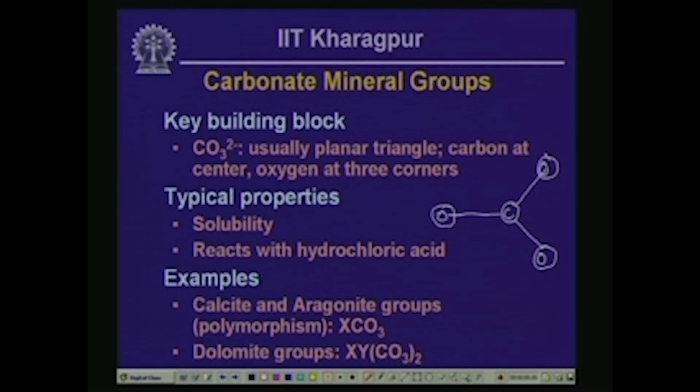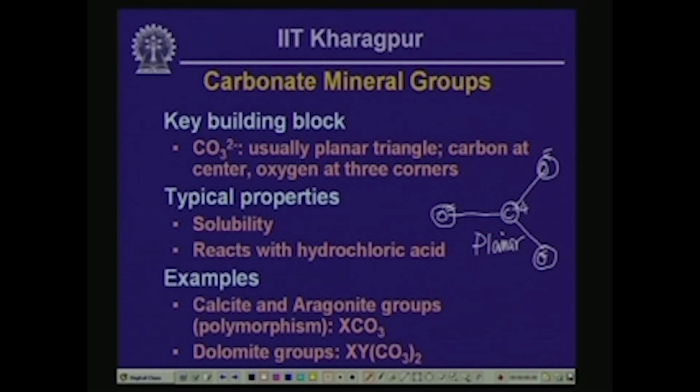If you recall, each one of these has two negative charges, and carbon will have 4 positive charges. So the balance is -2. So a carbonate ion has a charge of -2. So this is a planar structure as indicated on the slide.